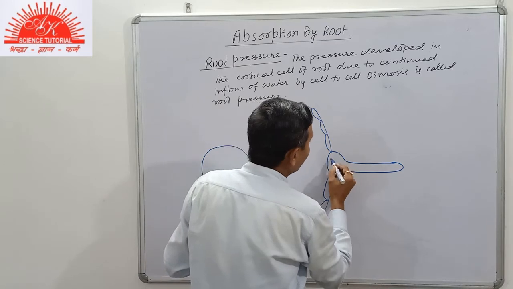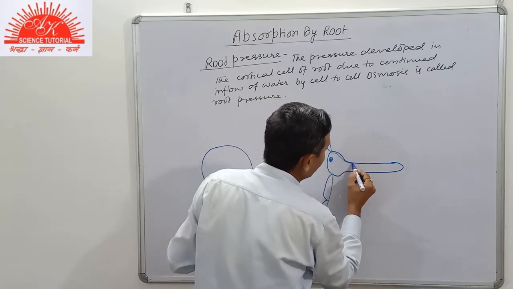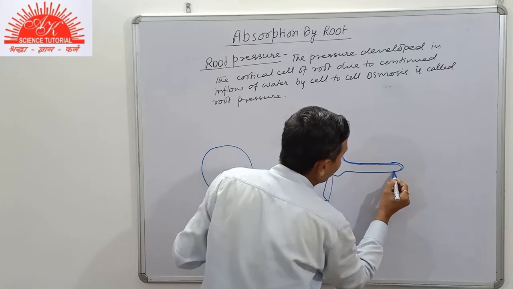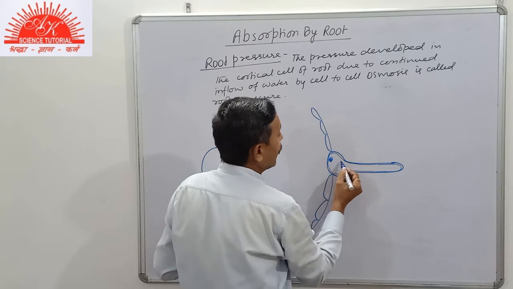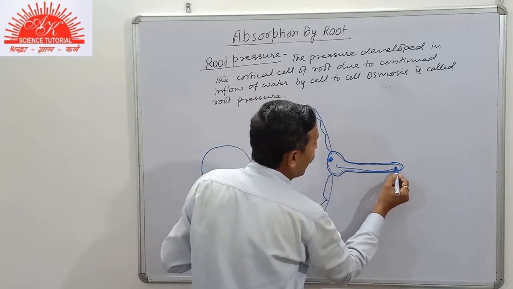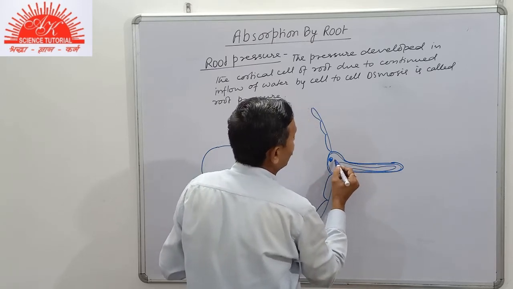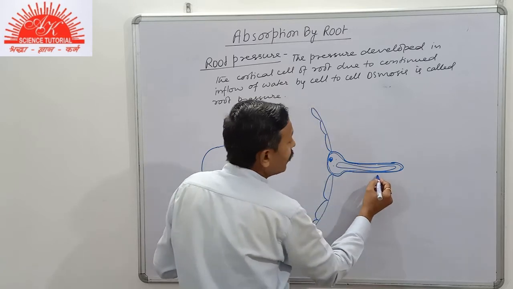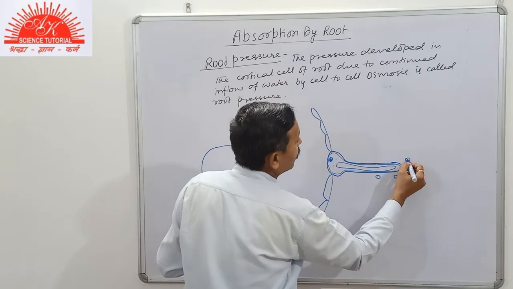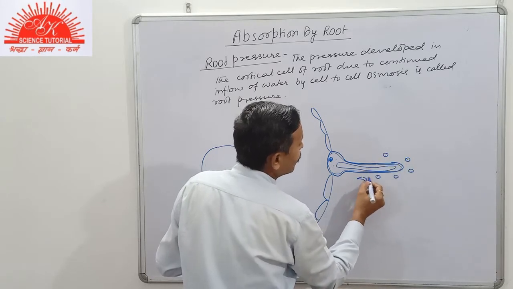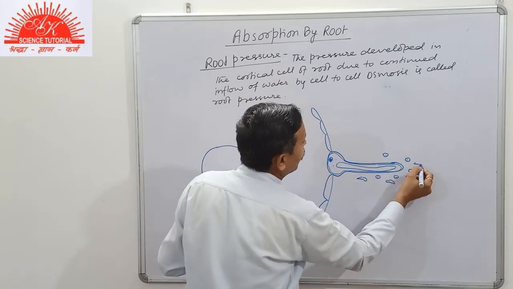In the root hair you see the nucleus, the cell membrane, the cell wall, and then a large vacuole inside it. Around it there are water droplets in the soil and some irregular soil particles, which will be represented.